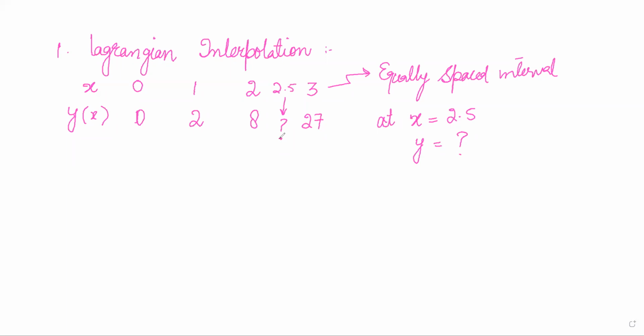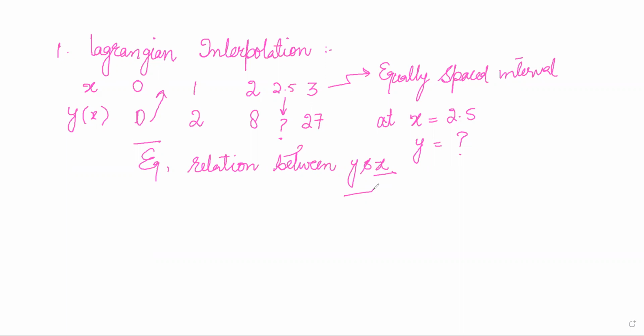The basic crux of interpolation is that it gives us a relationship, an equation, between y and x. For different values of x, you have different values of y. It will give us a formula between y and x, and in that formula we will substitute the value of x to obtain the value of y.